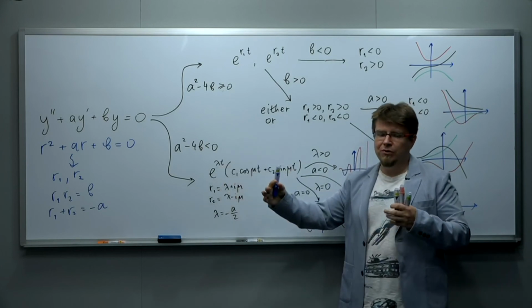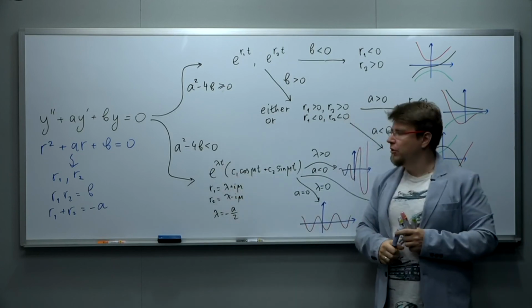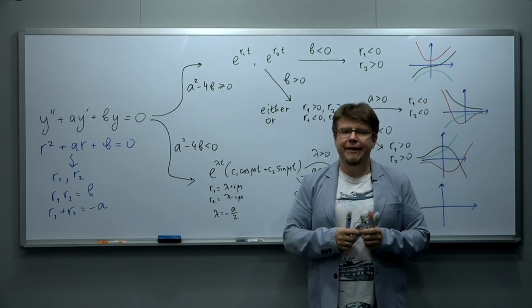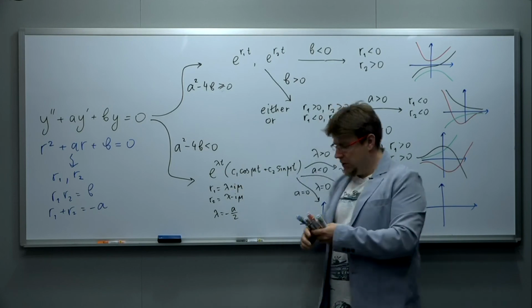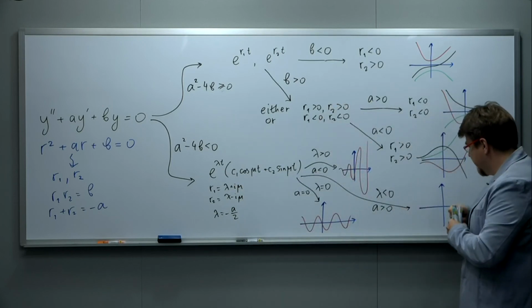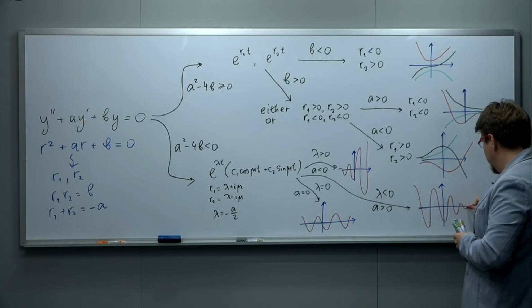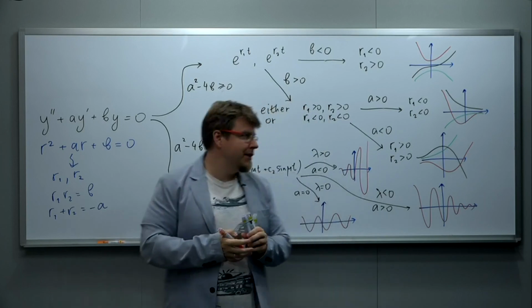When t goes to infinity, this term goes to 0, and this term is oscillating. So in other words, what we are going to see is oscillations of magnitude that is decaying to 0. So we are going to see something like this. So here oscillations are decaying. So the magnitude is decreasing as t goes to infinity.